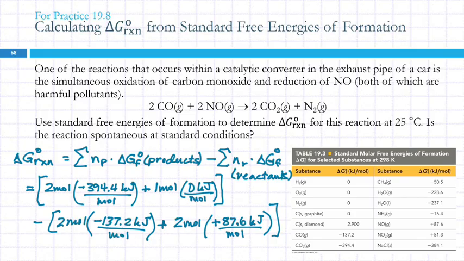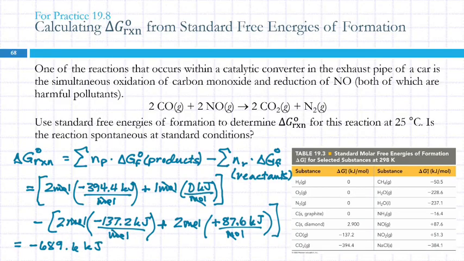So 2 times negative 394.4 minus the quantity 2 times negative 137.2 plus 2 times 87.6 gives negative 689.6 kilojoules. All these moles cancel out.